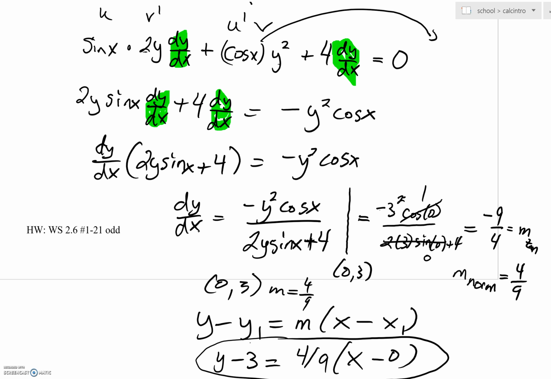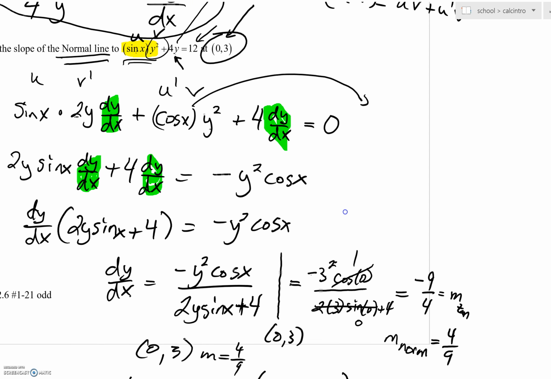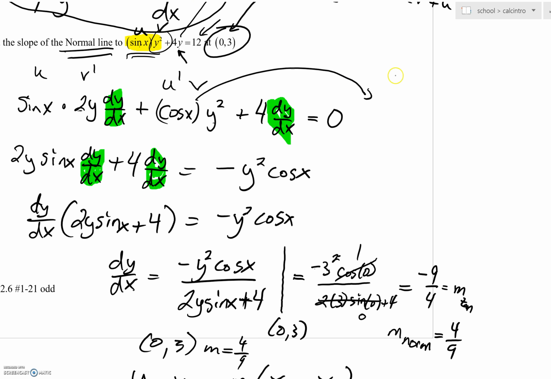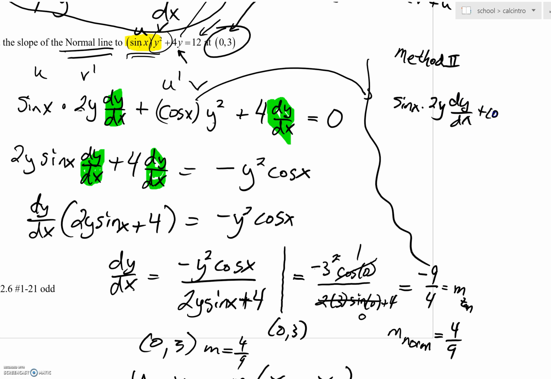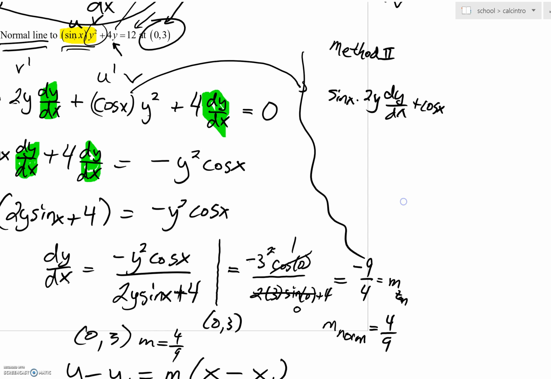I want to show you one alternate way that you could have solved when you know a point. Watch, I'm going to draw this over here, and I'm going to say method 2 off to the side here. And I'm going to have our sine of x, 2y dy dx, plus cosine of x, y squared, plus 4 dy dx equals 0.